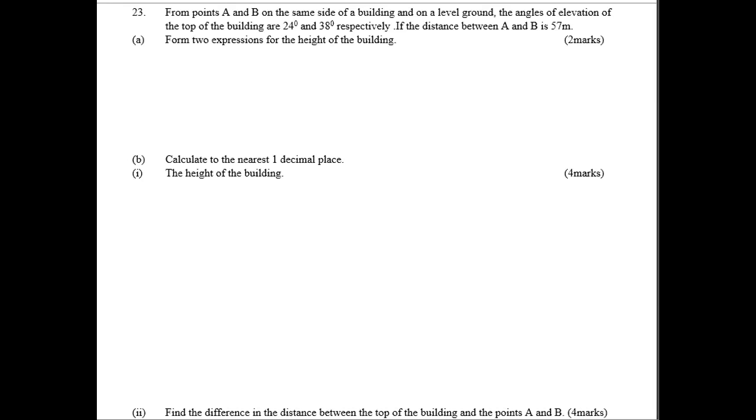The top of the building, call it T, so that we have triangle BTC, and it is 90 degrees at C. Angle B is 38 degrees. Distance BC is X meters. Distance TC is H meters.